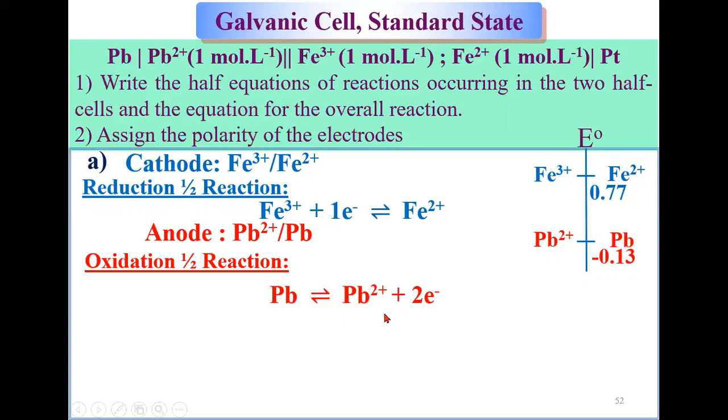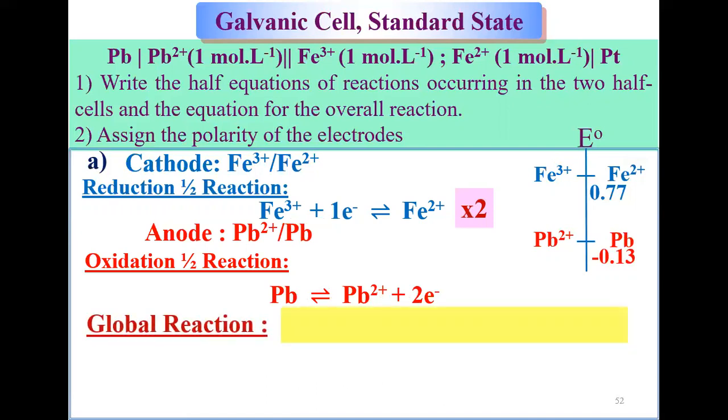So make sure you write them properly. Okay, we balance the two reactions, multiply the upper by 2, and the electrons are now balanced, add the two equations, and we have an overall reaction and the two half reactions taking place at the anode and the cathode.